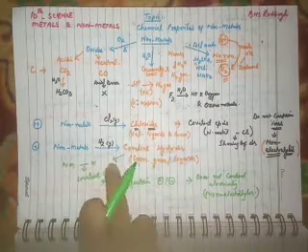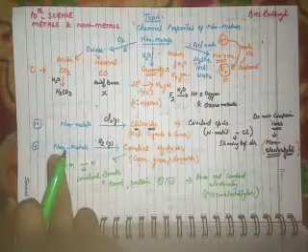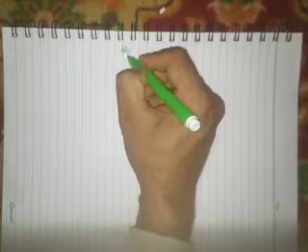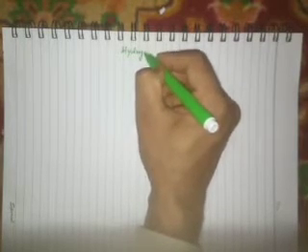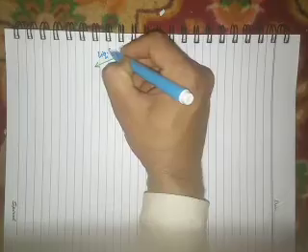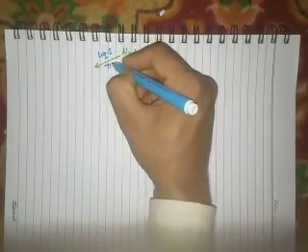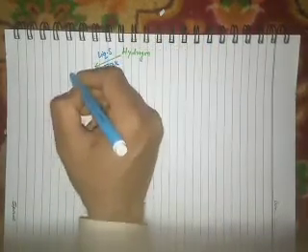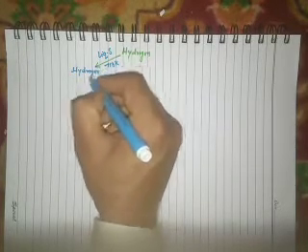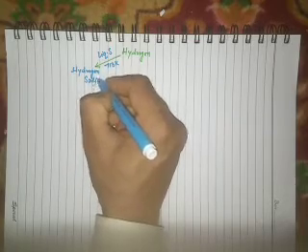So let's see some examples of the reaction between non-metals and hydrogen. Dear students, if we take hydrogen and we react it with liquid sulfur at a temperature of 713 Kelvin, we obtain hydrogen sulfide.